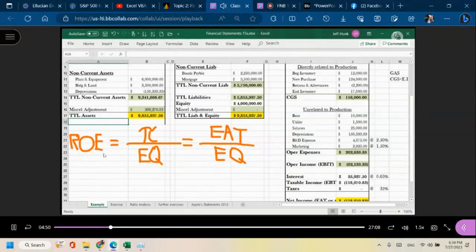The first year's profit will be measured at the end of the first year. In other words, this EAT is the EAT at the end of year 1. And so that means our return on equity is actually return on equity at time 1.